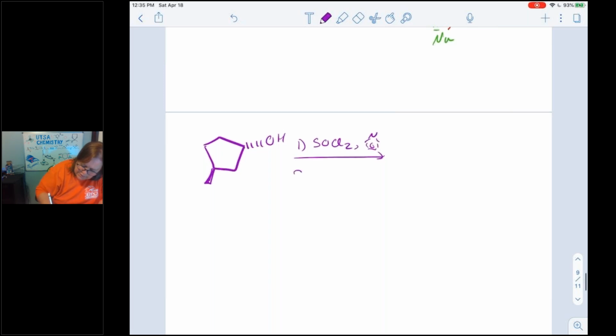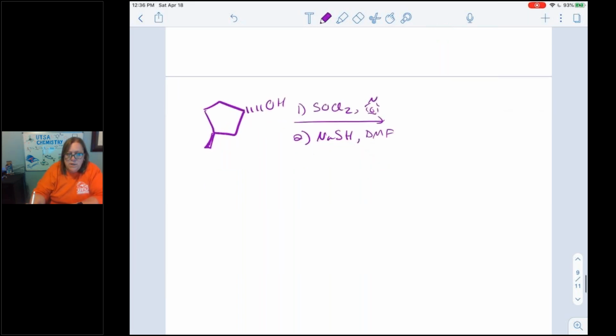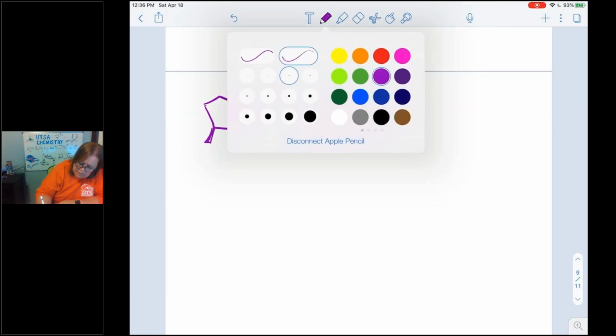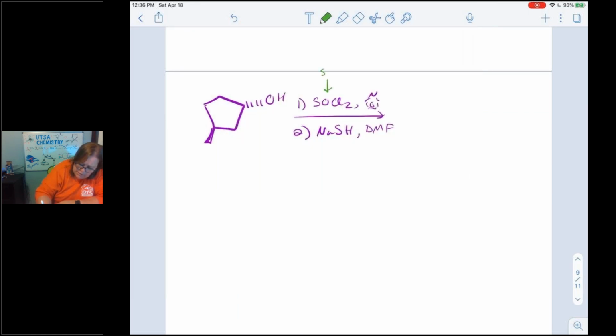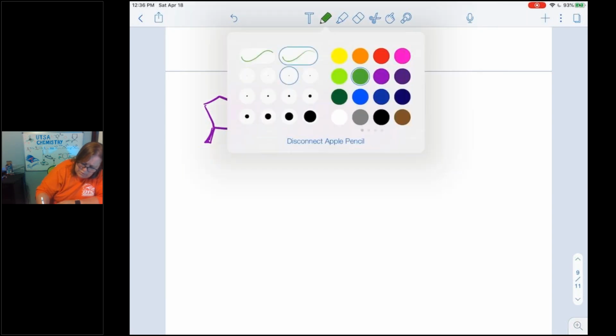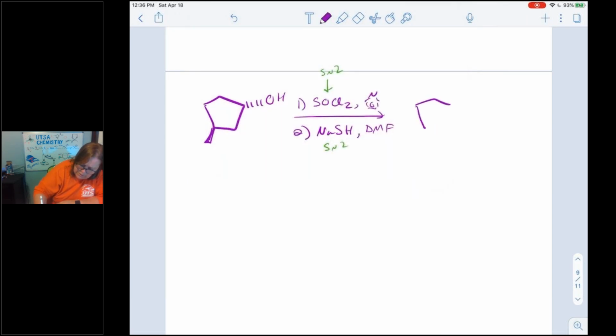I gave you this, and then 2, I gave you, I don't know, and so that's how you would know it's a double inversion, because you would recognize both of these reactions as being SN2 and SN2. And so the answer would be something like this.